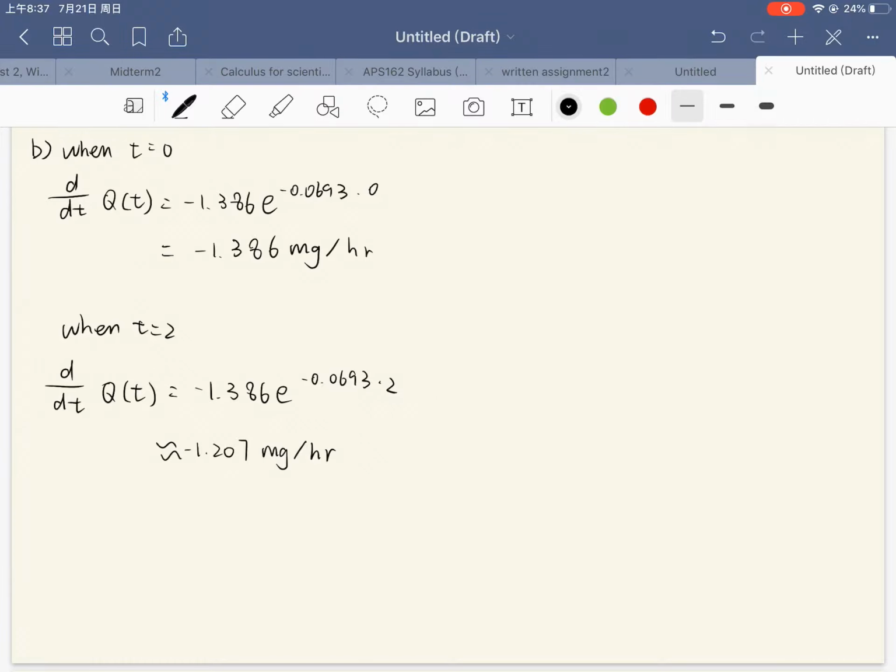The last question requires us to evaluate and interpret the value of Q of t and the derivative of Q of t when t approaches infinity.